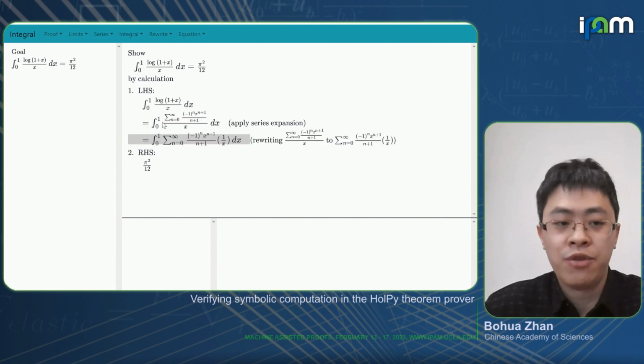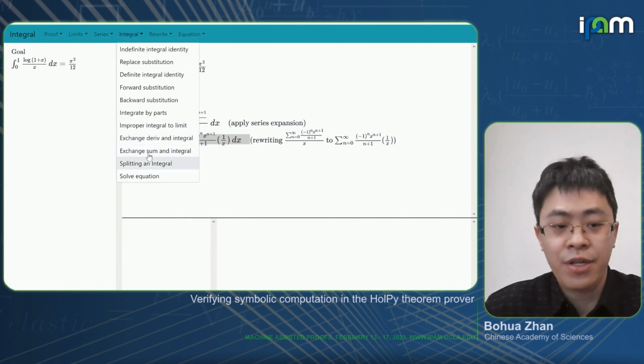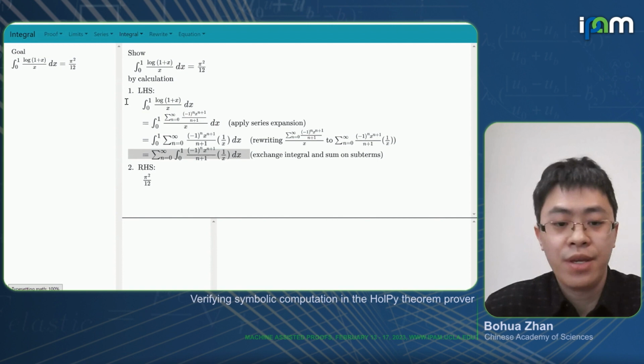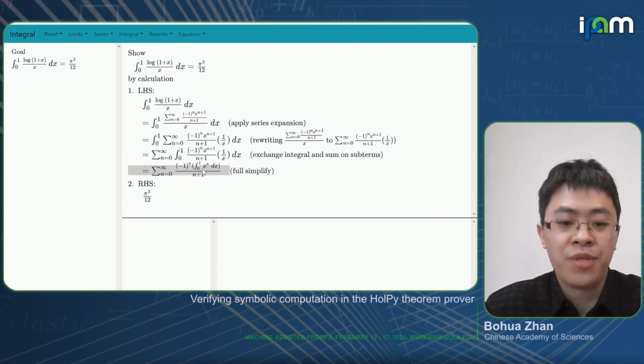So after doing this rewriting, we can now exchange the integration and the sum sign, exchange sum and integral, and perform another simplification. And now we notice that the integral is something that the system is able to do.